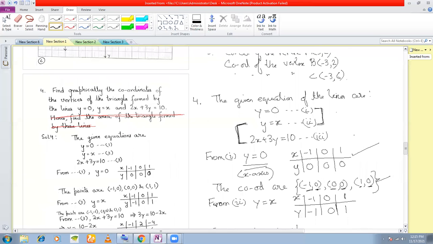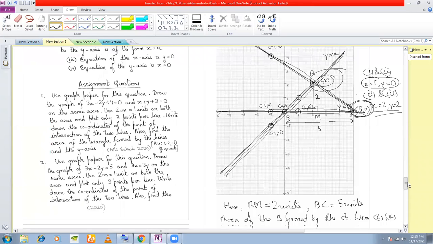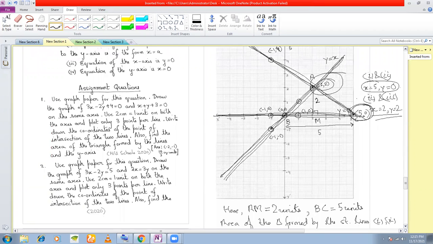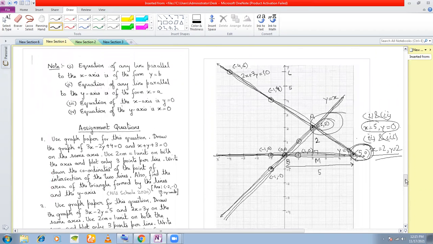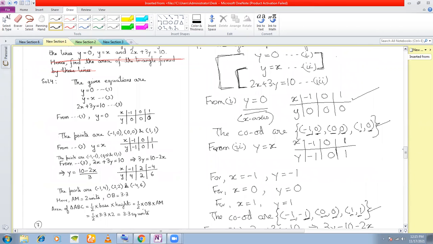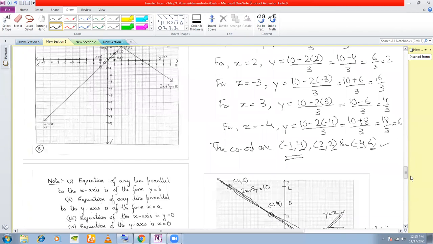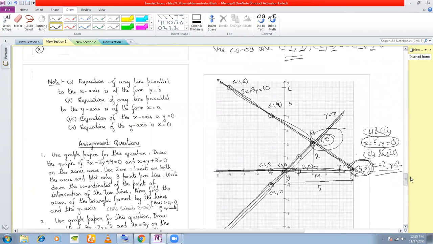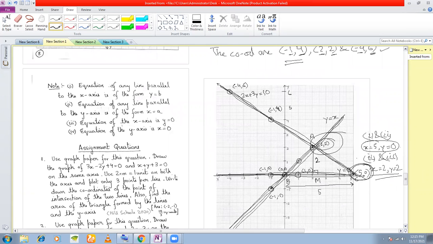And for the first and the third, suppose I want to solve these two equations, what is the solution of these two simultaneous equations? See the lines, y is equal to 0 is the x-axis, right? Okay, 0, 0. Yes, you were right, the solution of y is equal to 0 and y is equal to x is x is equal to 0 and y is equal to 0.